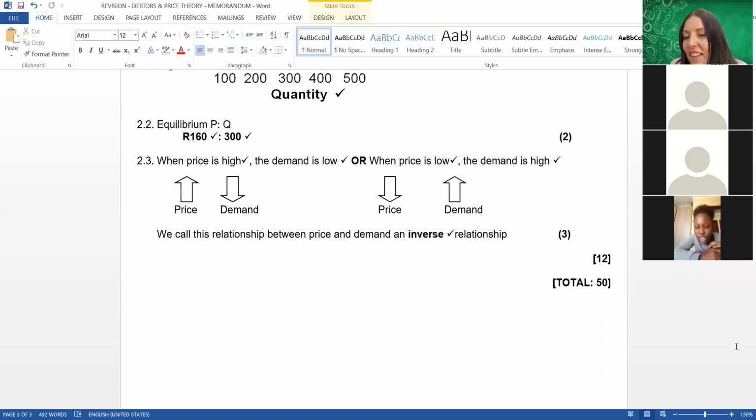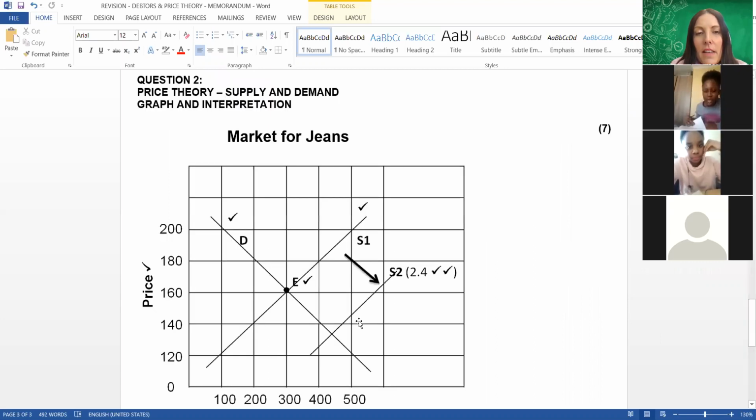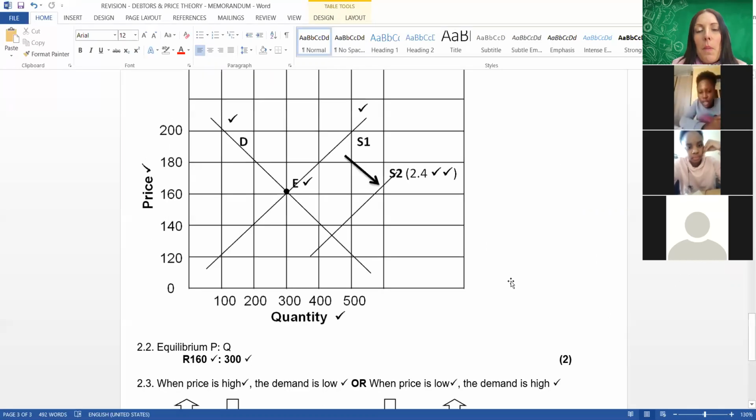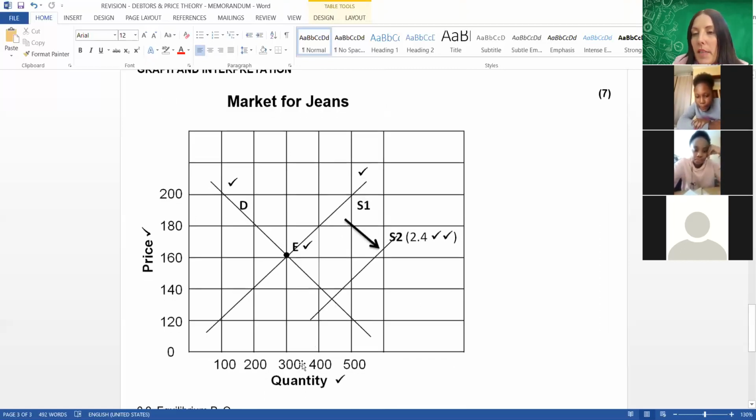I have a question. Yes. On question 2, the demand curve and supply curve, must it be on the same graph or different graphs? Normally, if they give you this schedule that they've given you in the exercise, where they indicate supply and demand together, because there's a price column, then quantity demanded and quantity supplied, then they would expect you to draw it on one graph, because then it is easy for you to determine the equilibrium point.